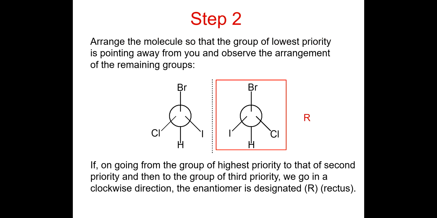What does this mean? The lowest priority group or atom pointing away from you means, for a Fischer projection, we need to place the lowest priority atom or group on the vertical lines, right?